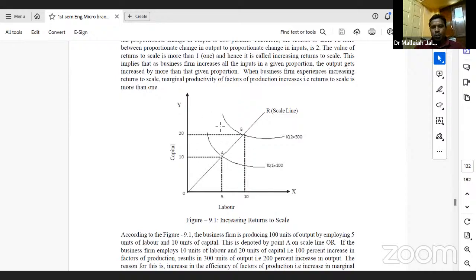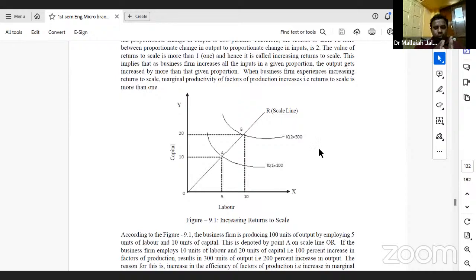Yes or not? When we observe this, IQ is isoquant curve, A is isoquant curve, and B1 also isoquant curve. This is returns to scale, this line. And here at point A to B, this is greater than the 10 to 20, or it may be 5 to 10. This is increasing, right? This gap you have to observe.